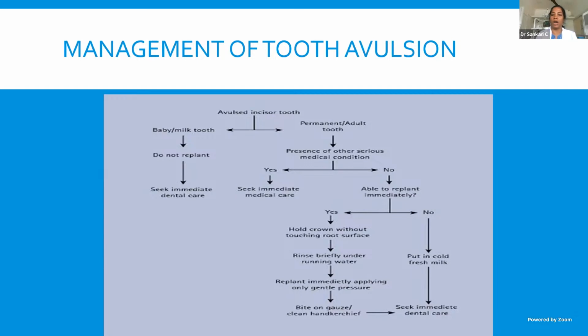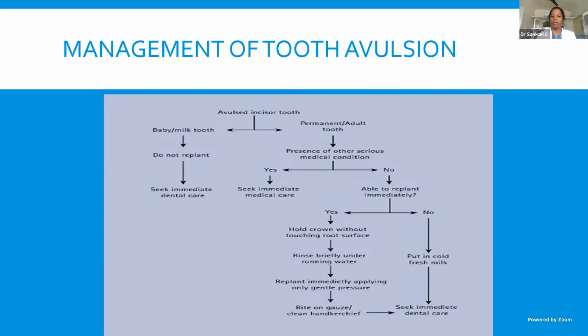If it is a permanent tooth, and they have any serious condition or need any medical condition to be treated, seek immediate medical care. If not, everything is fine, just see whether you are able to replant immediately or not. If you are able to reimplant immediately, then proceed for the treatment.